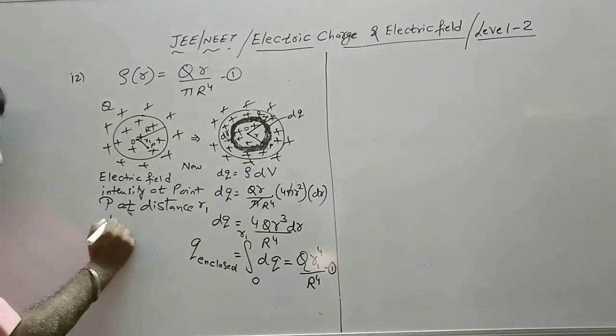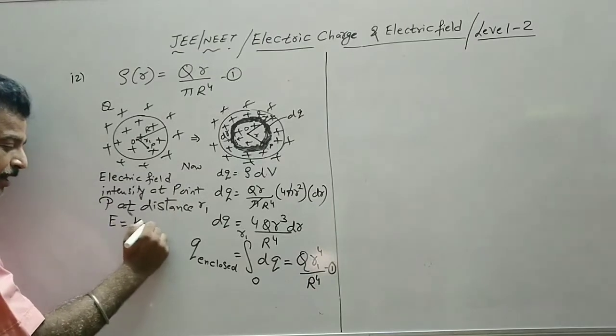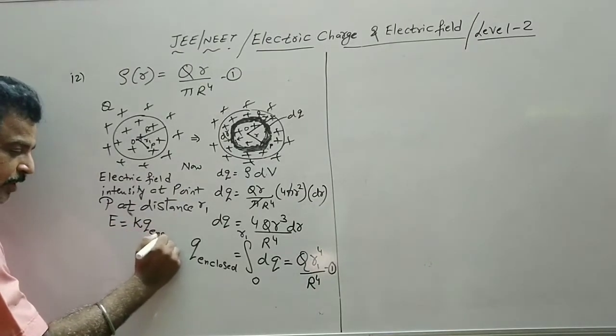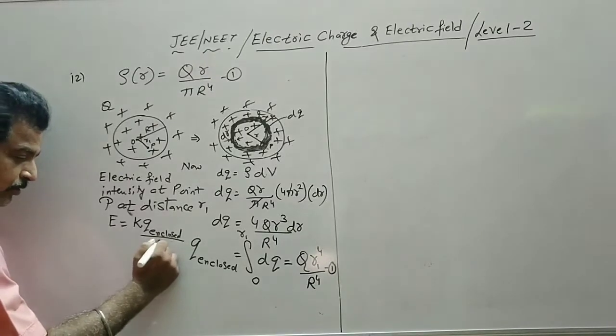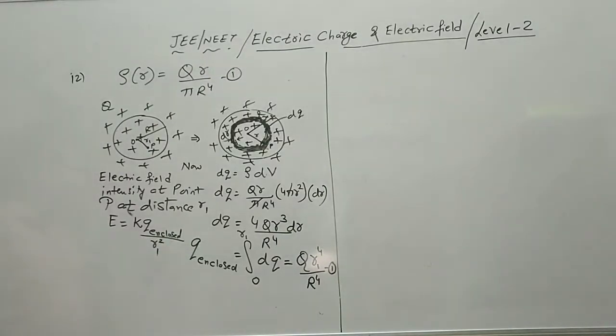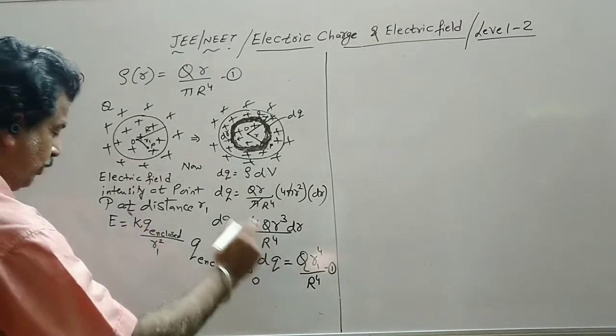So we know that electric field intensity is K, the charge enclosed, divided by the distance, that is R1 square. Now substitute this value here.